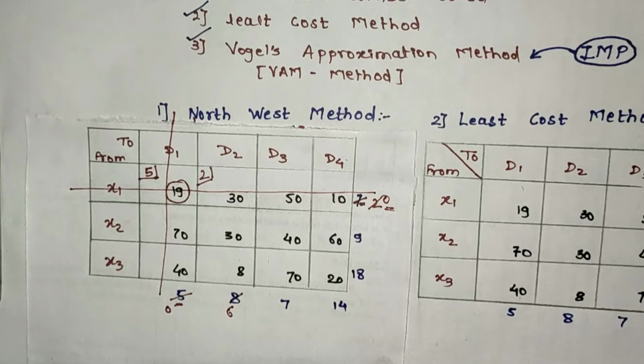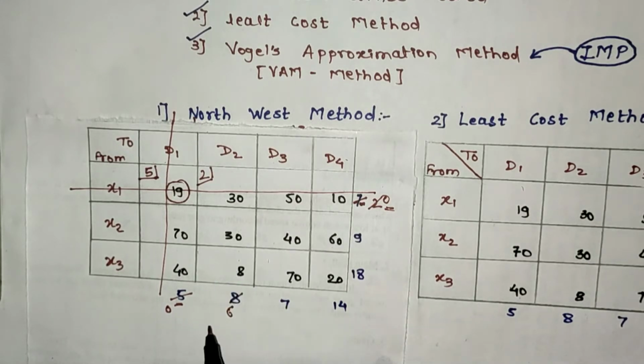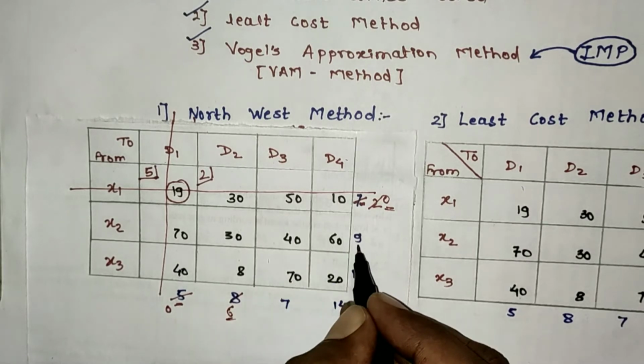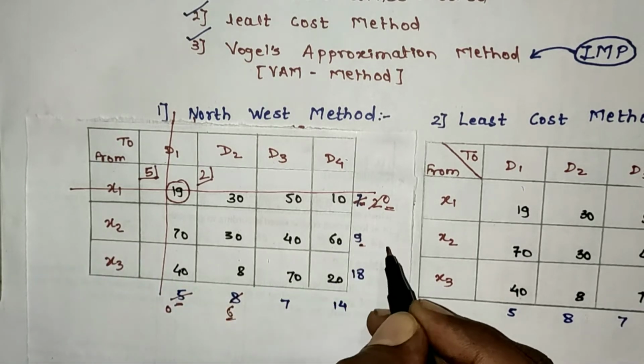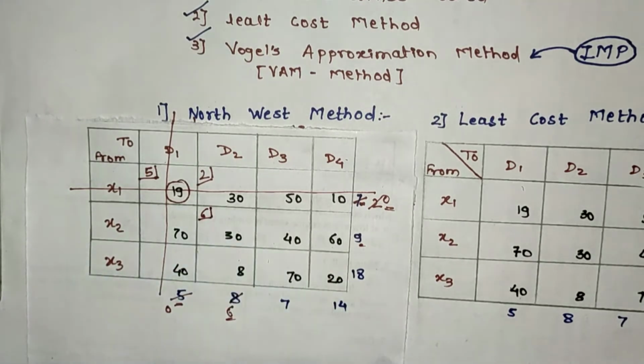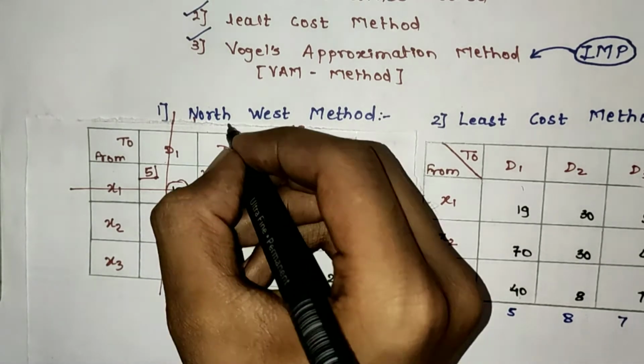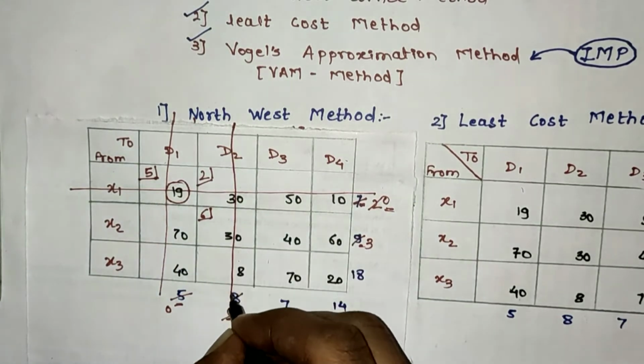Now the northwest value we have is 30. It has a demand of 6 units and X2 can supply 9 units. So complete its demand; supply 6 units here. So here 0 and here 3. Cancel this column.